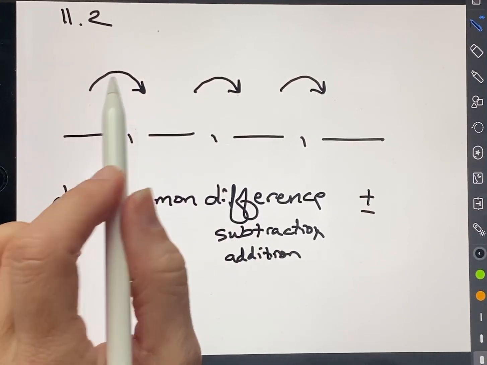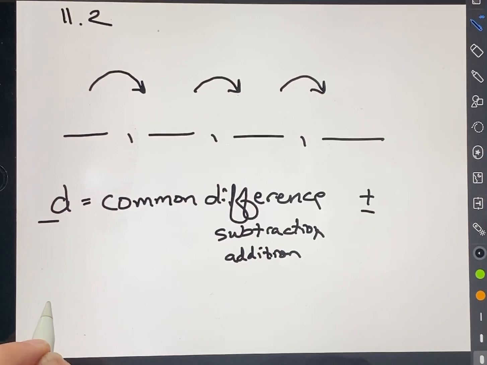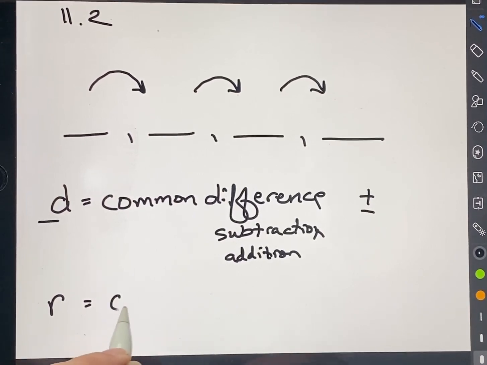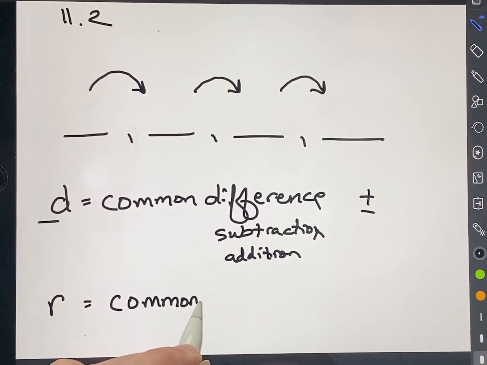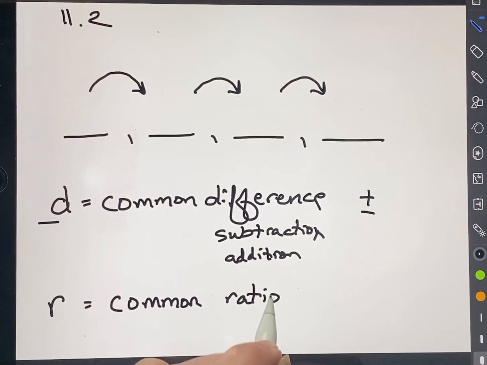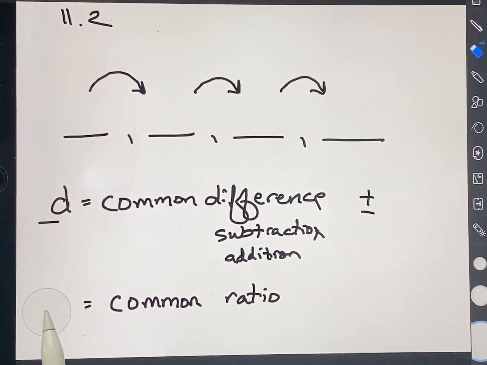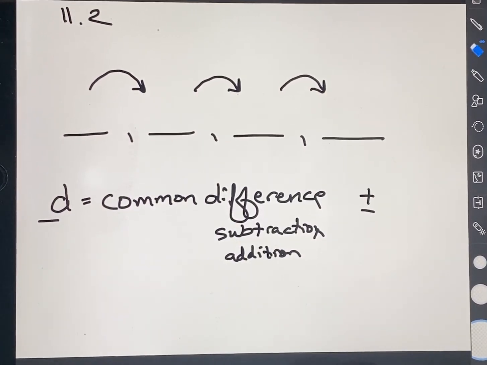Now, to go from one term to the next, if it deals with multiplication, we are going to have a term called r, and that is going to be a common ratio, which we addressed is for our geometric sequences, and those will be addressed in 11.3. We will go into depth for our common ratios. So currently, we are just going to deal with our common difference.